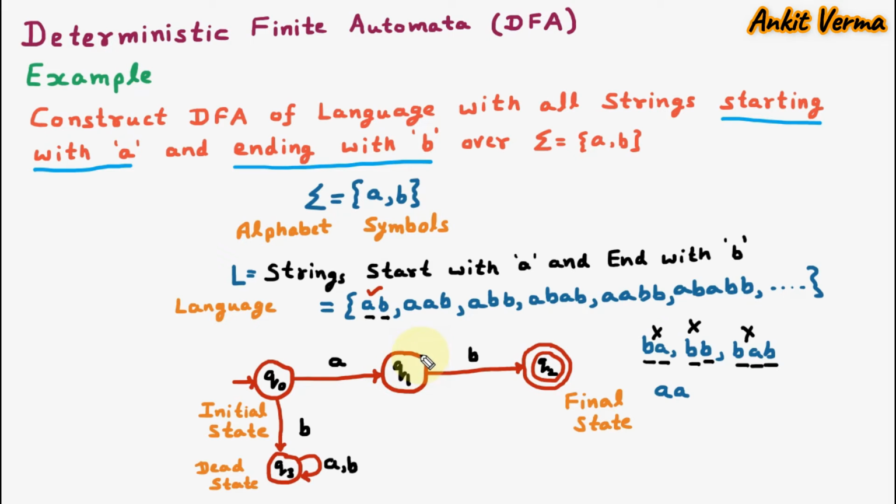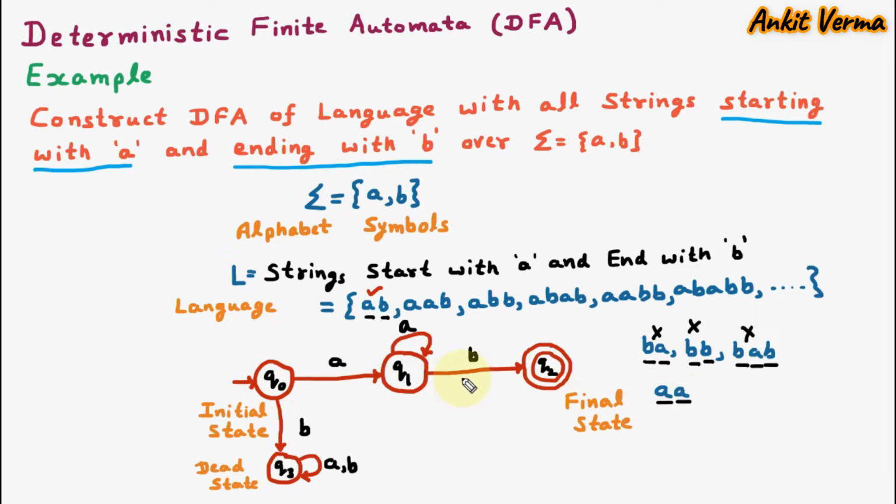There is one more possibility: we are on Q1 and A is coming. From Q1 we have a self loop, meaning we come back to Q1. Let's try the first string, which is AA. When the first A is coming, from Q0 for A we go to Q1.